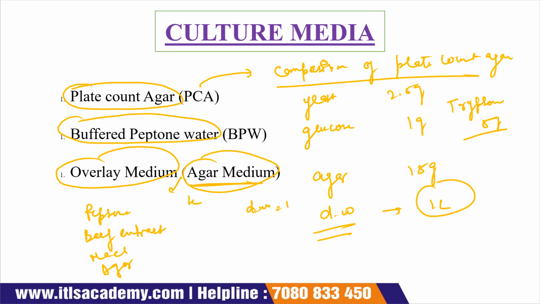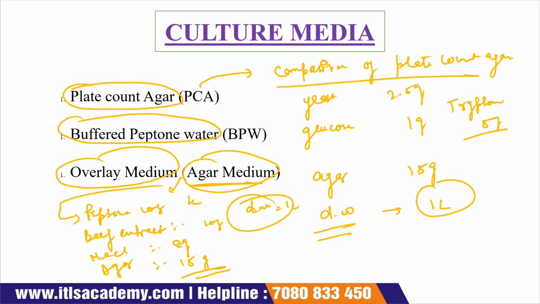If distilled water is 1 liter, then the amount of peptone is 10 gram, beef extract also 10 gram, sodium chloride 8 gram, and agar 15 gram. So this is the composition of the agar medium.